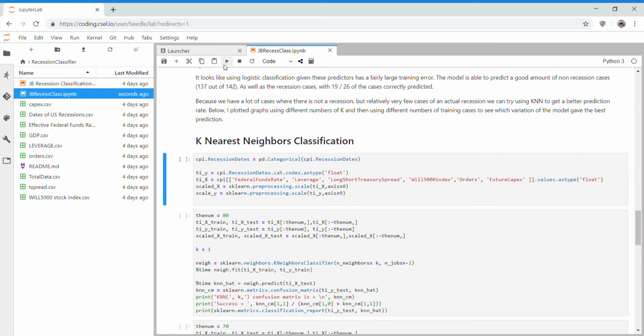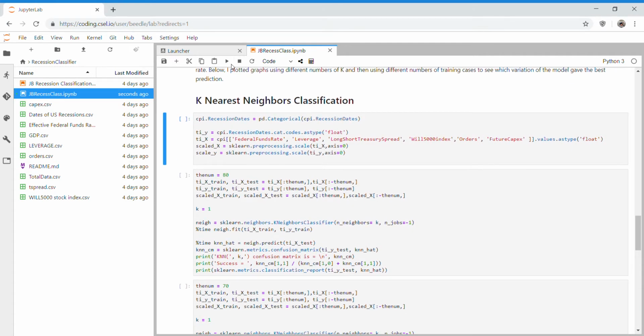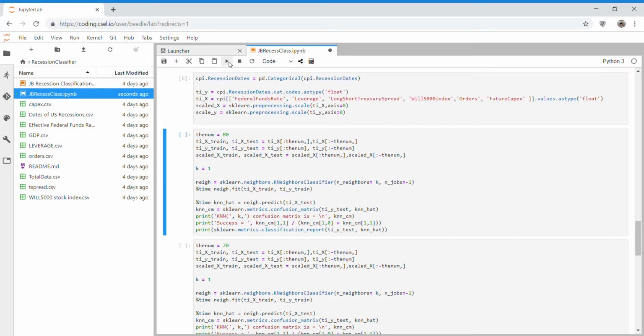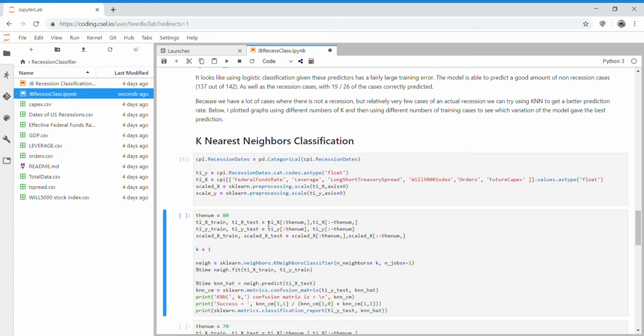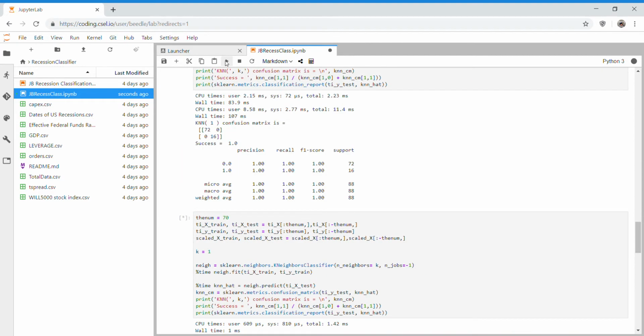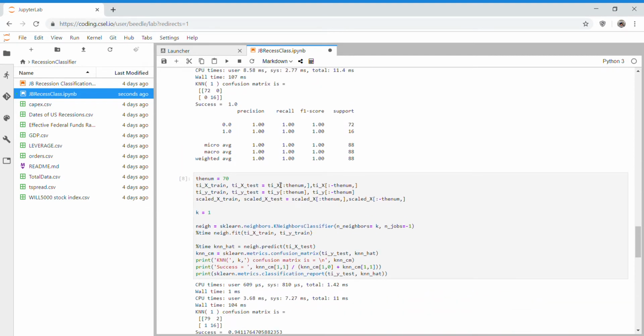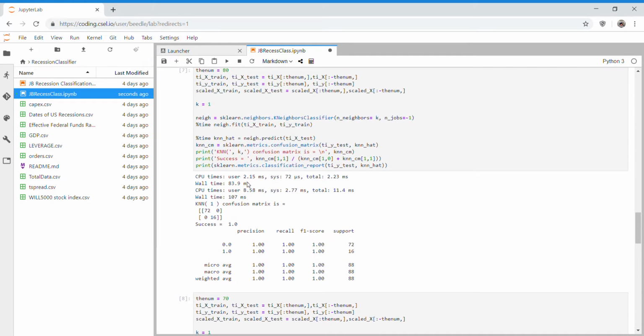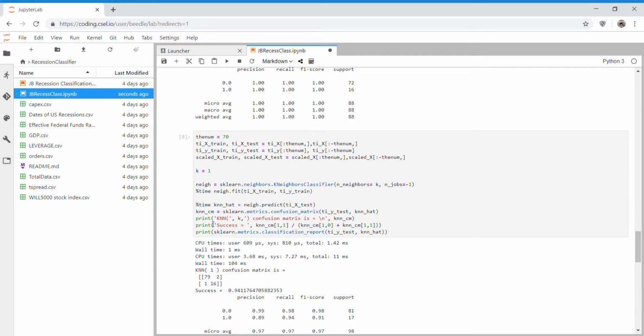We have K nearest neighbors. So this one we definitely need to clean our data types up a little bit better. What we're going to do here is a couple different K nearest neighbors just to show our success ratio. So when you do K equals 1 with 80 training, there's 140 samples. So if we train on 80 of them, it gets a fairly good success ratio.